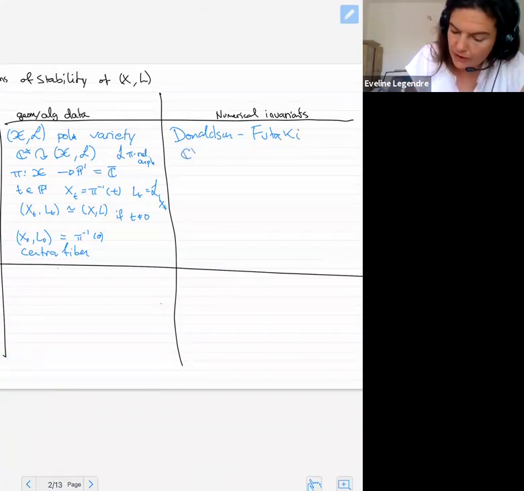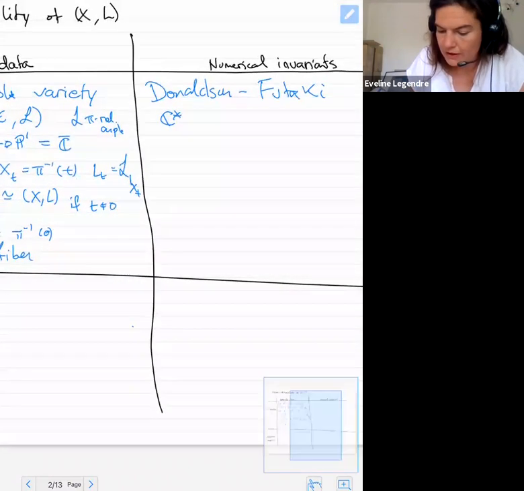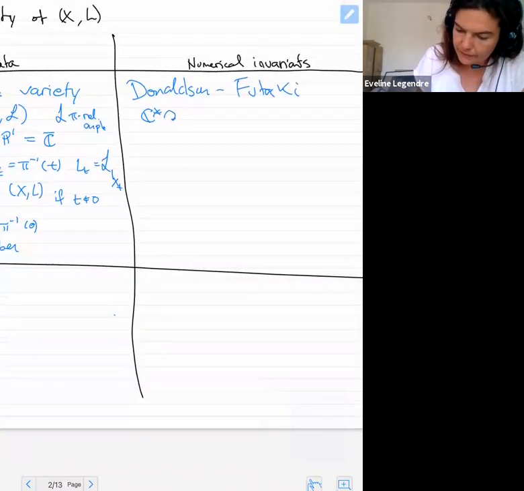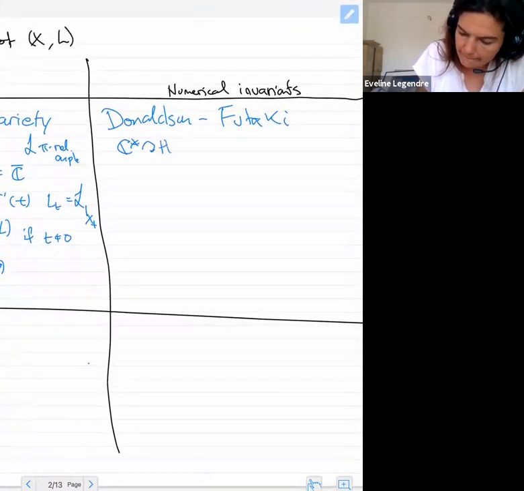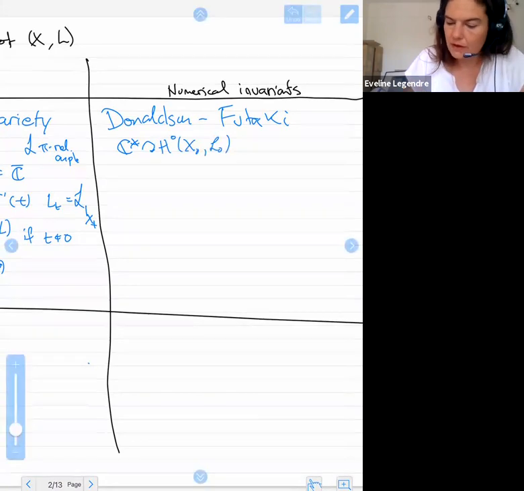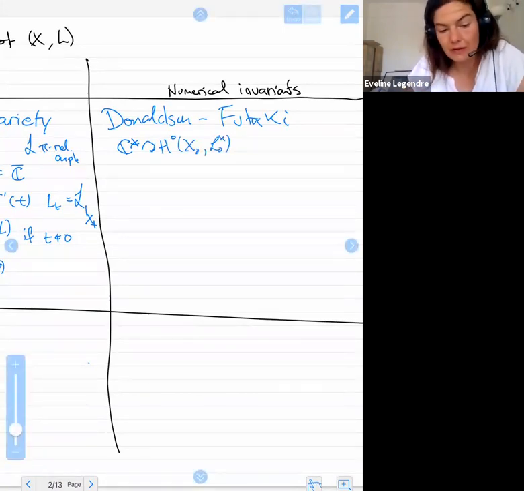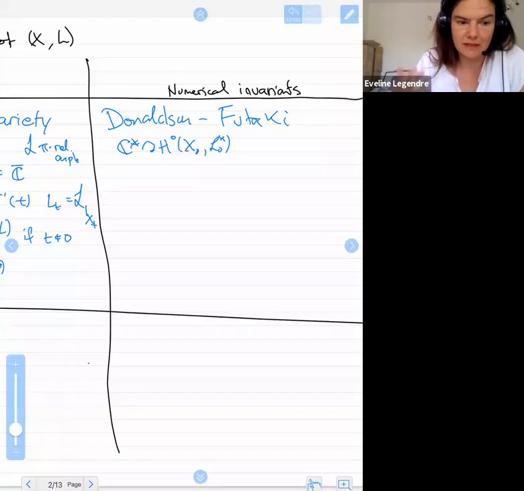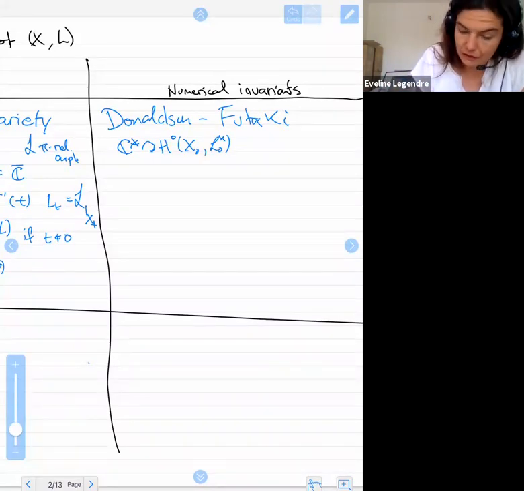Here we have a C-star action on the space of sections over the central fiber, and the numerical invariant will be essentially the asymptotic sign of the weight.